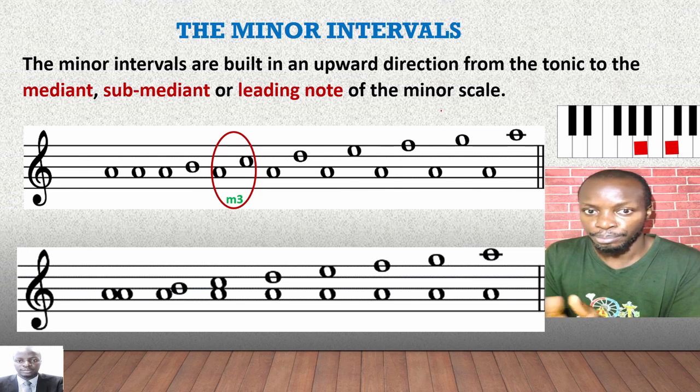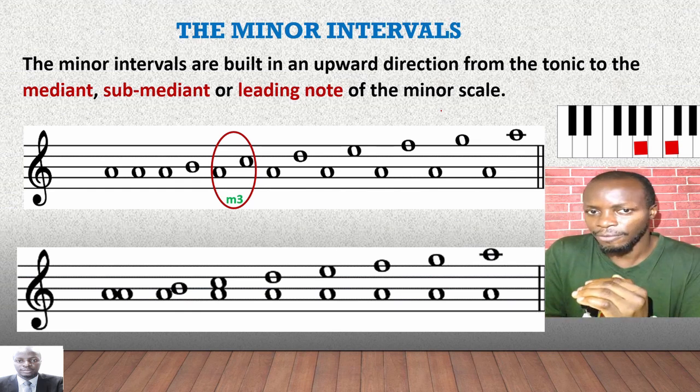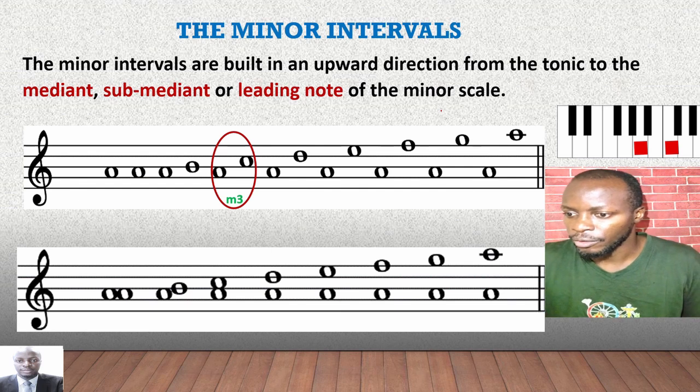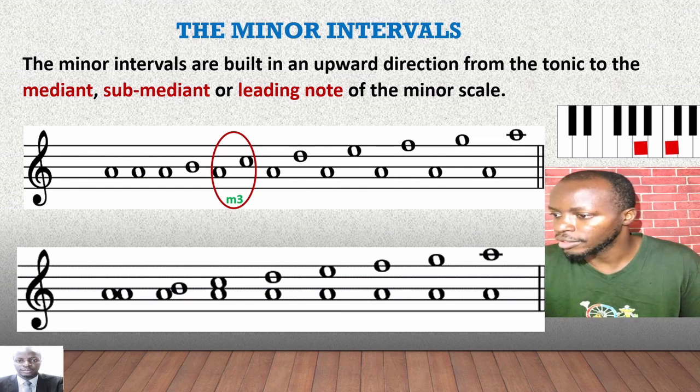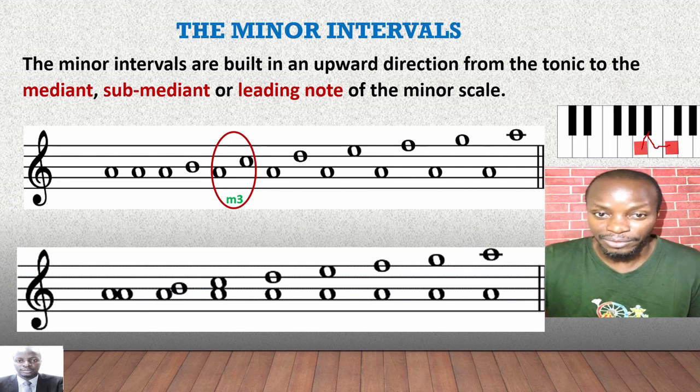And remember, major third has 4 semitones, but minor third has 3 semitones. That's short of a semitone or half step, right? So let's see, from A down to C, let's see the number of semitones. We have 1, 2, and 3, right?